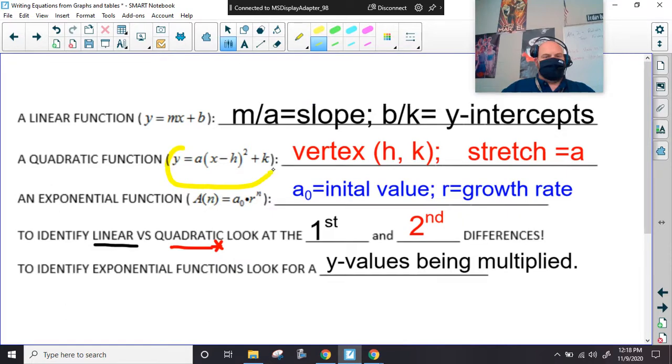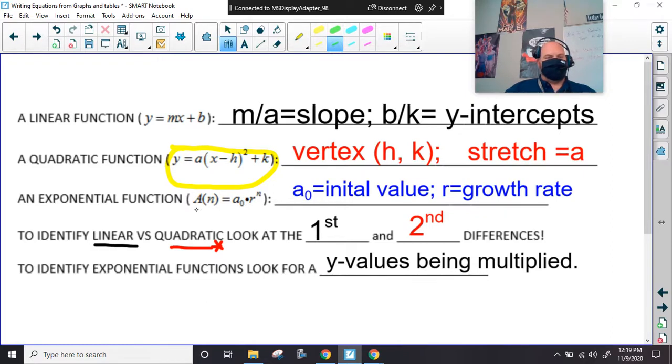This equation right here, it's still a quadratic. It's just in what's called vertex form. Okay. I actually like vertex form better. It's easier to graph. It's quicker, and things of that nature.